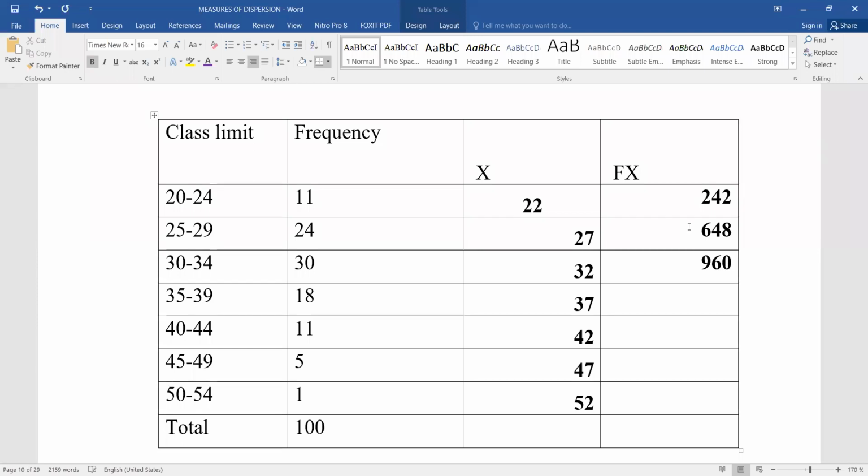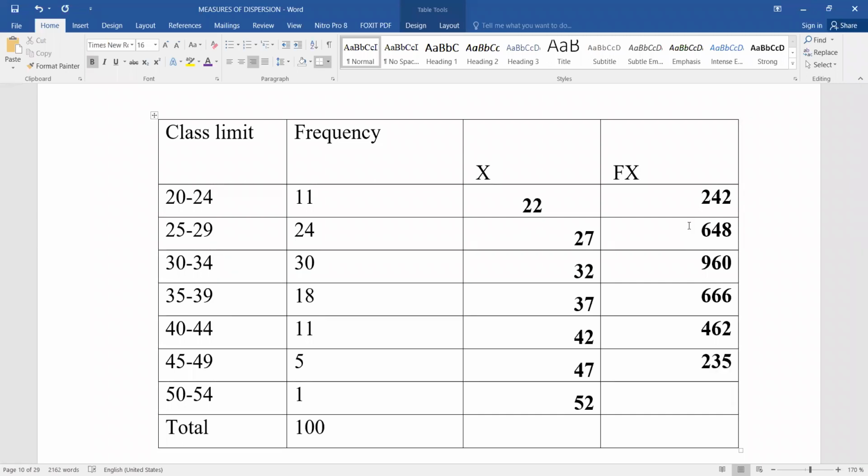Next value. 666. Next value. 462. Next value. 235.